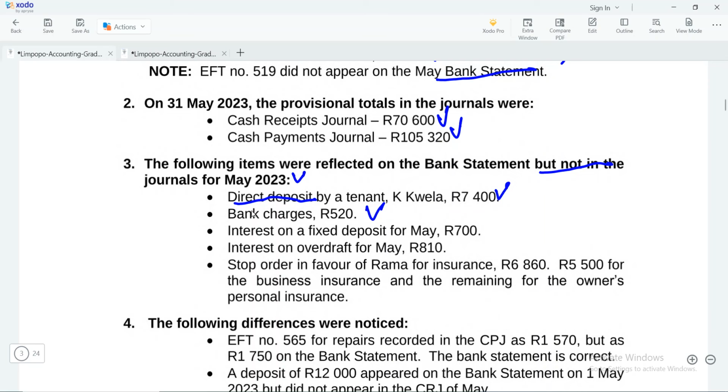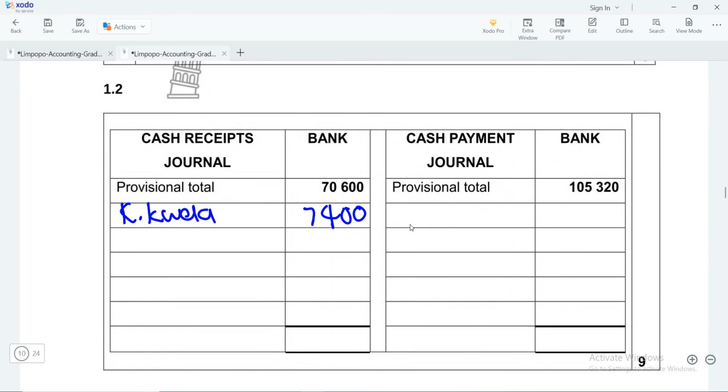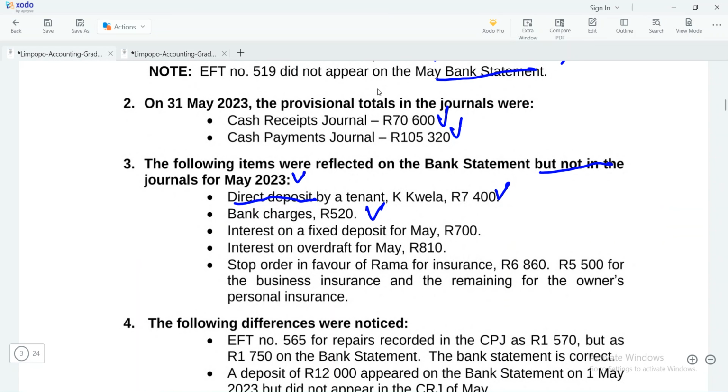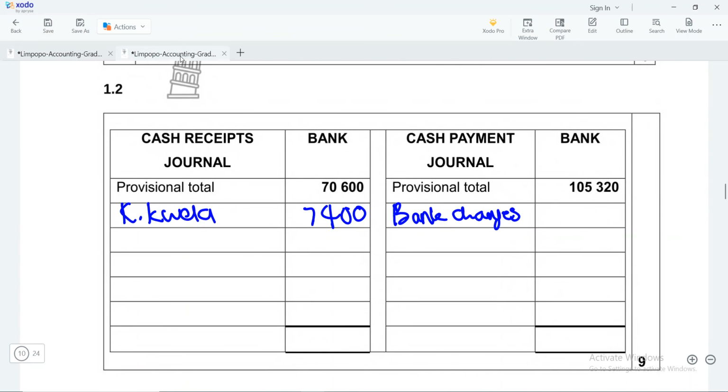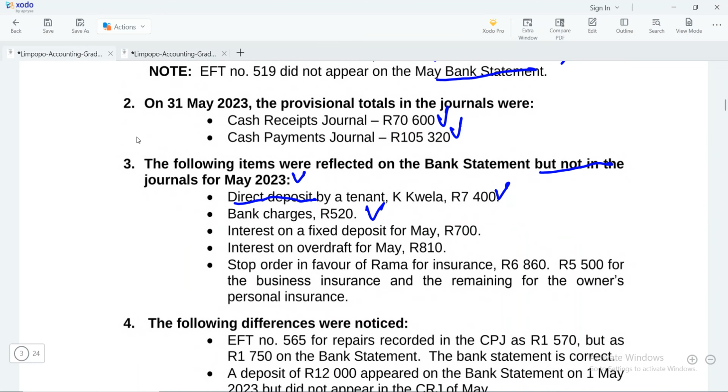Bank charges, we know that it is an expense and definitely it has to be recorded in the CPJ. So we can write bank charges, and then we would write 520 here.